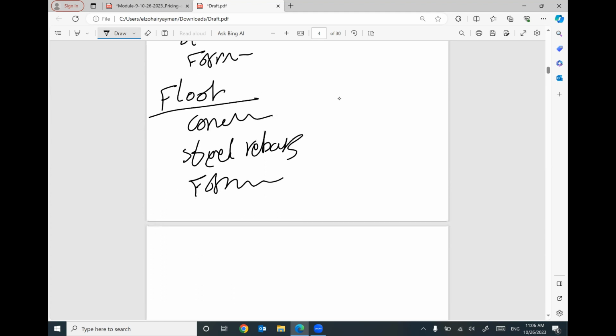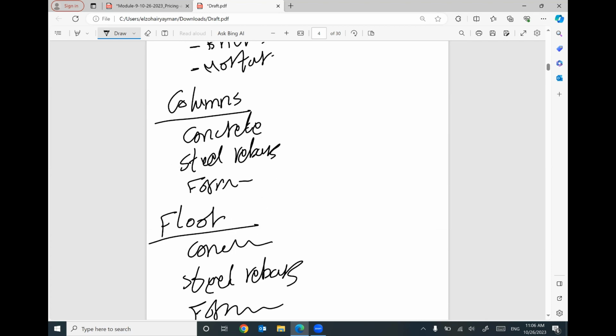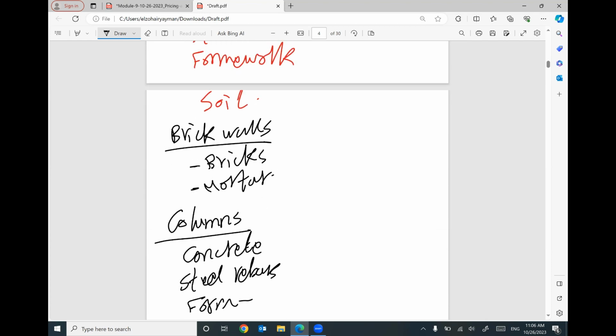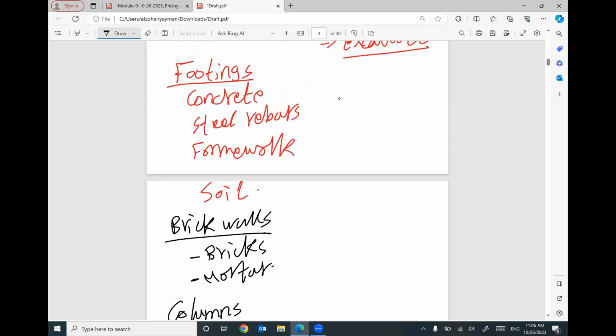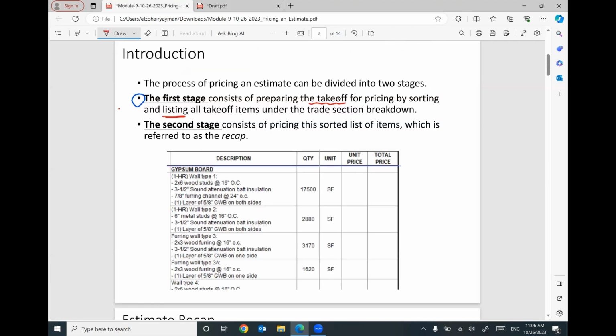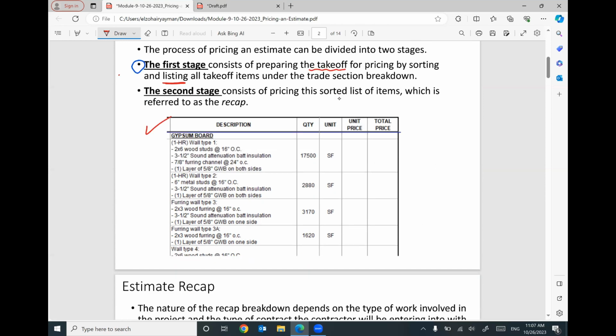If we have anything else, I can list everything in your construction, in your project. So the first stage consists of preparing the quantity take-off and listing them under each activity, like in this table.